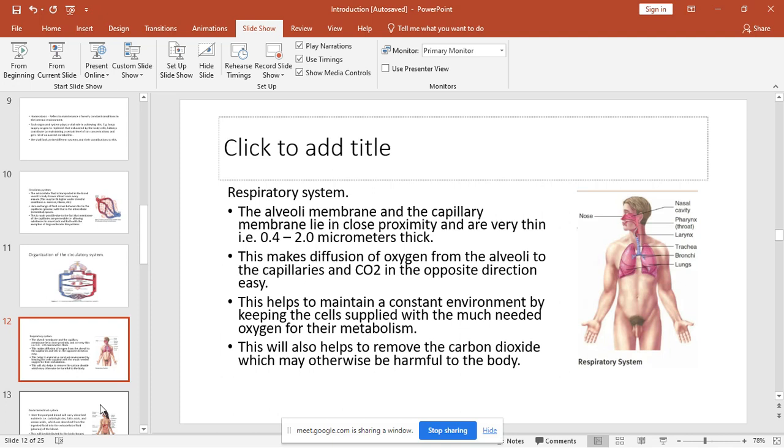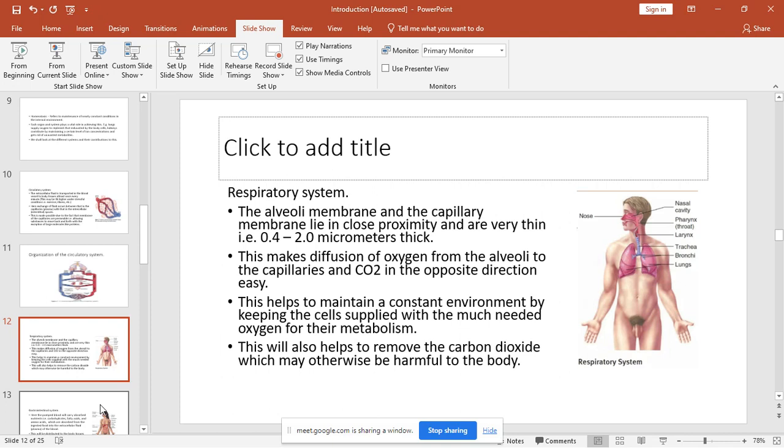So when the blood is returning from the muscle, the concentration of oxygen is lower than that in the alveoli. So what will happen then is that the oxygen molecule will move from the alveolus (singular is alveolus) into the capillary, ensuring that our blood becomes oxygenated and that our body gets adequate oxygen, helping us to keep a constant environment with a supply of oxygen.